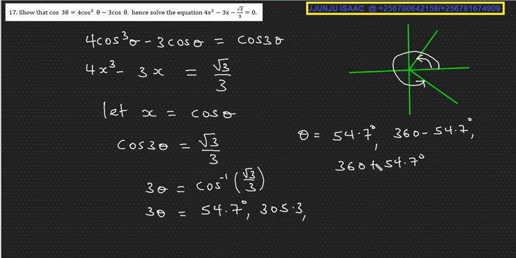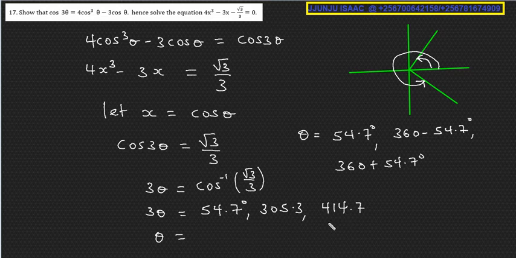Then 360 plus 54.7, we get 414.7. So now our theta will be equal to, we are going to divide this by 3.